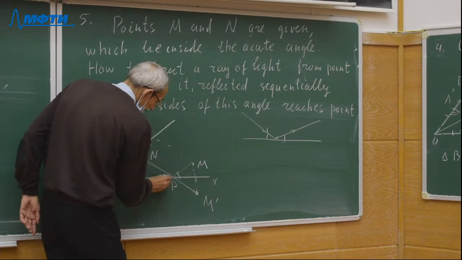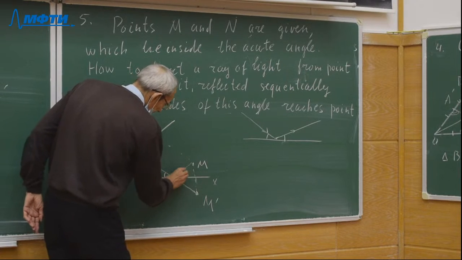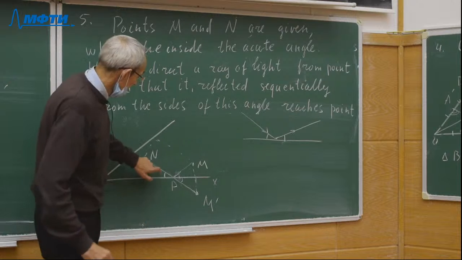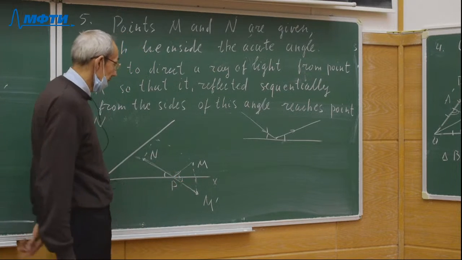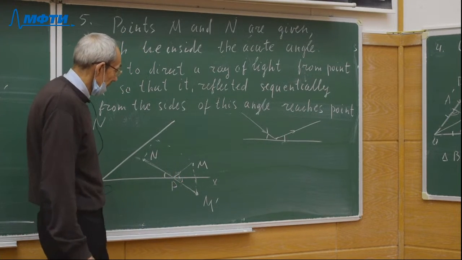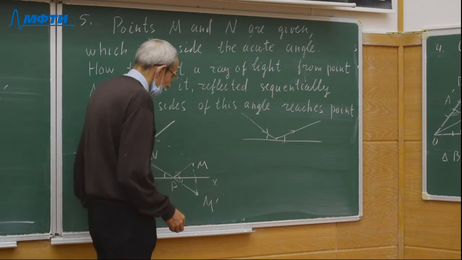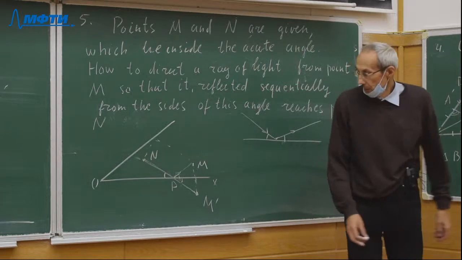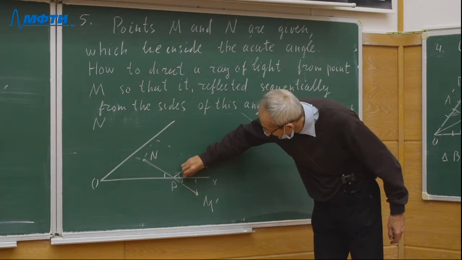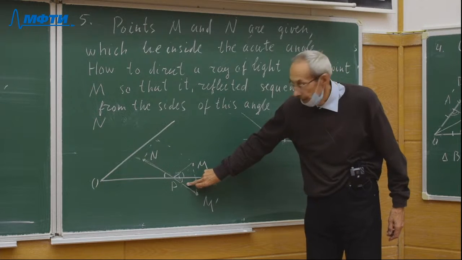And we can see that two angles are equal, because we have a symmetric picture, and it follows from this symmetry that we also have equality of this angle and this angle.